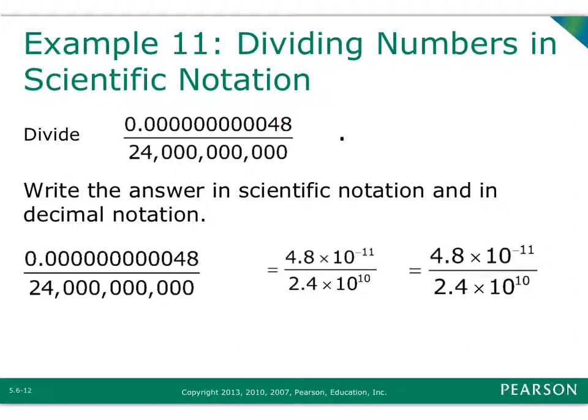We write the answer in scientific notation first, and from the decimal notation we get 4.8 times 10 to the minus 11 divided by 2.4 times 10 to the 10th. So now, again, we're going to rearrange this by multiplying this fraction by this fraction. We'll do that in the next slide.